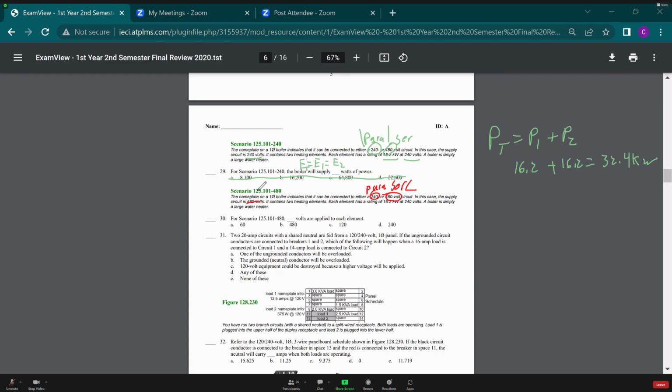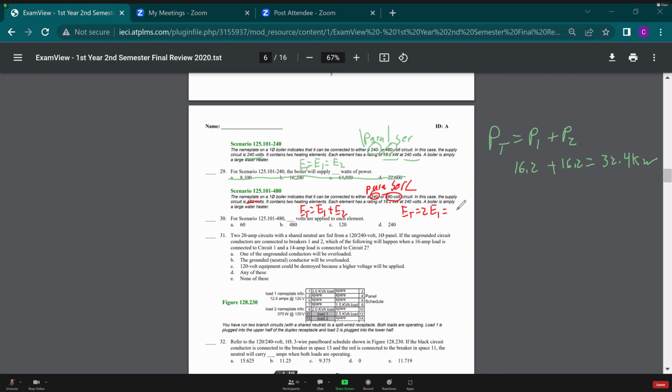All right. Voltage in series is E total equals E1 plus E2. Well, if they're equally rated elements, they'll see exactly the same thing. So really it's E total equals 2 times the voltage of 1.